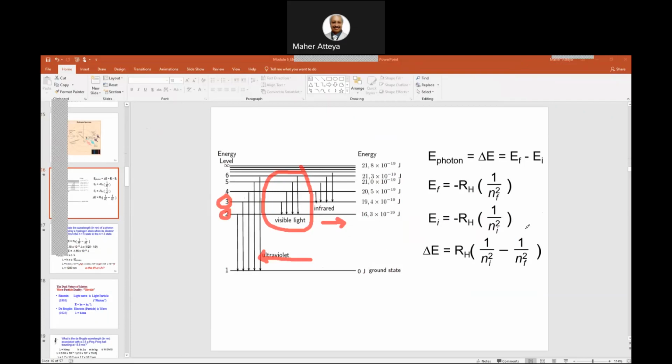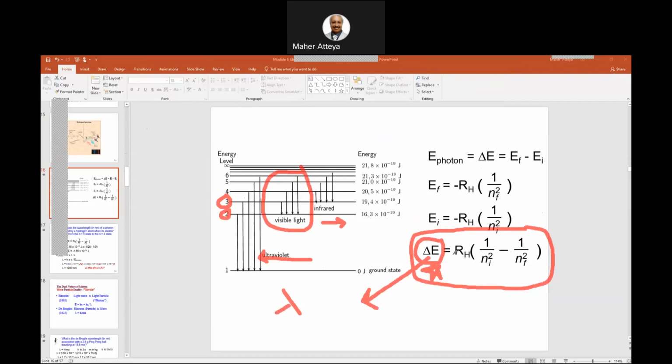Then we use this final formula. This is very important. It's coming last semester, last year, many years, this Rydberg formula. What we are looking for is to determine the energy here, and then from the energy, we can determine the wavelength, correct?